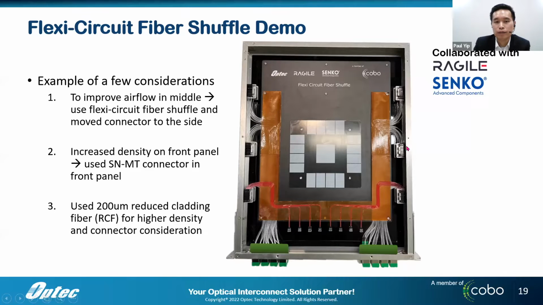Different from the previous demo, we make this flexi circuit on the side, so that it's easier to promote the airflow in the whole module, and to avoid those SMTs in the middle.